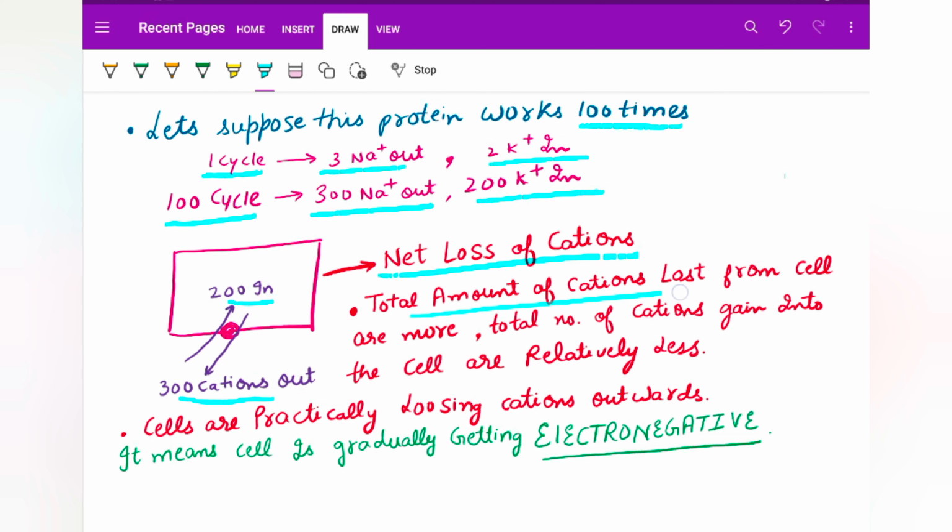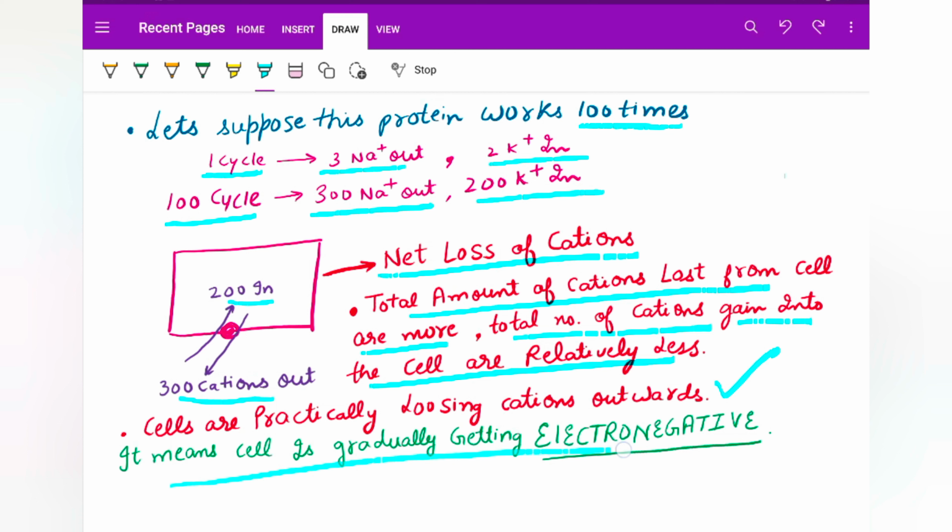The total amount of cations lost from the cell is more, but the total number of cations gained into the cell is relatively less. So practically the cells are losing cations outwards. It means cells are gradually getting electronegative, because we are losing 300 cations outwards but only gaining 200 back in. So there is a loss of 100. Eventually the cells are going to get electronegative.